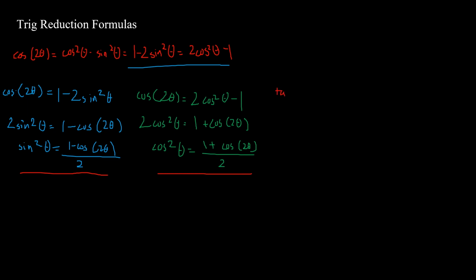So tangent squared theta is going to be equal to tangent theta times tangent theta, which is also just the same as sine theta over cosine theta multiplied by sine theta over cosine theta, which is also the same as sine squared theta over cosine squared theta.